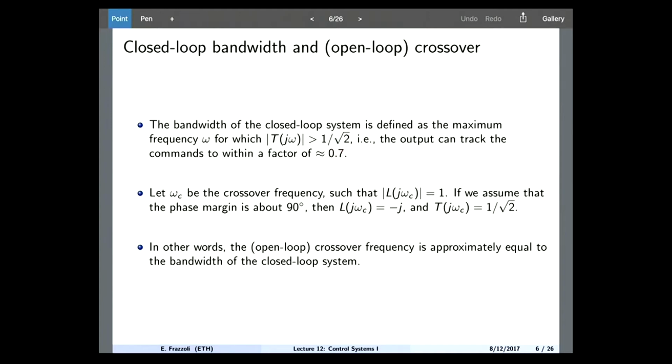Okay, where do you get this point? If you want to say that you want your output to track the input up to 70%, up to say 10 hertz, then what this translates to is that actually you want the crossover frequency to be 10 hertz, okay, on the Bode plot.